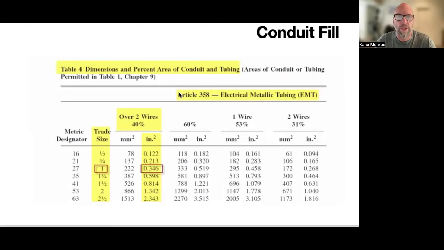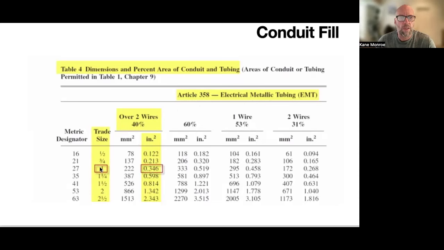You go to EMT, rigid, flexible metal conduit, all of that, it'll have this. And then we look down in our square inches. Remember, we don't use metric, we always use square inches, and we find something that's greater than 0.25. So 0.12 is still too small, 0.21 still too small, 0.346 is our size right there.